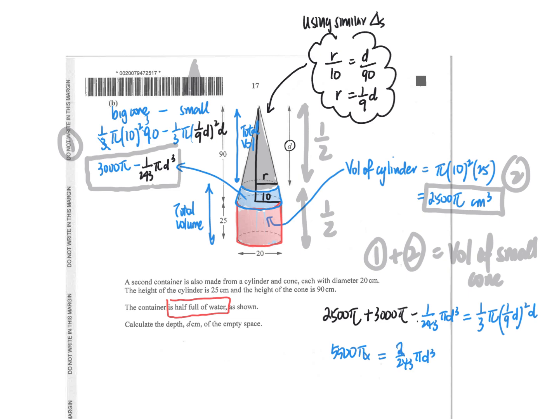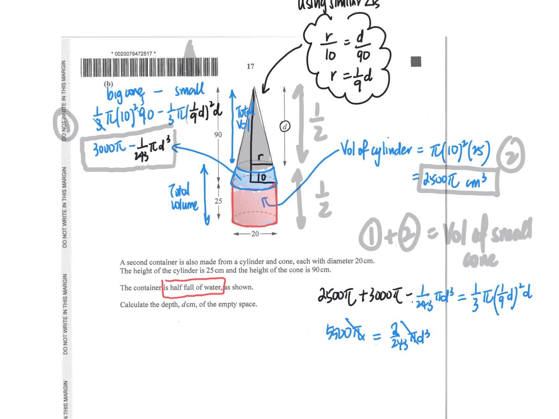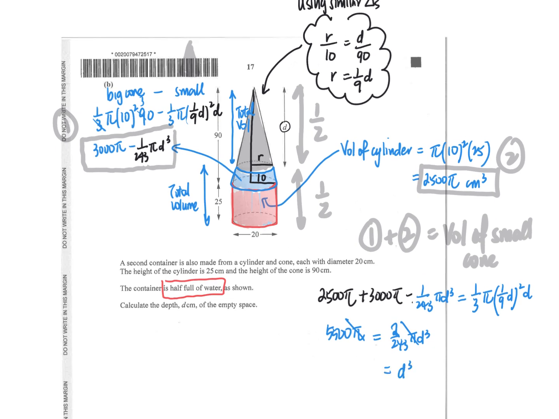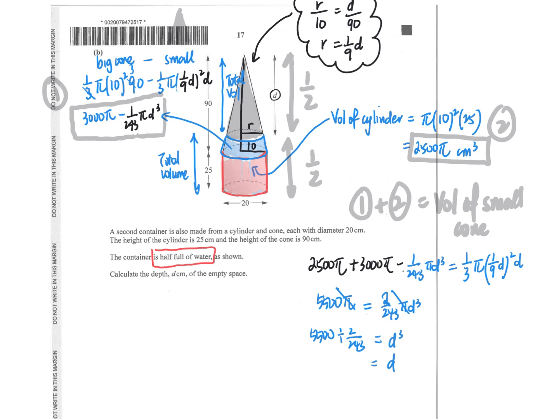Okay, so cross out the pi, then you can find D cubed by taking a cube root. Okay, what do you get as the answer? 87.4 cm, 3 SF.